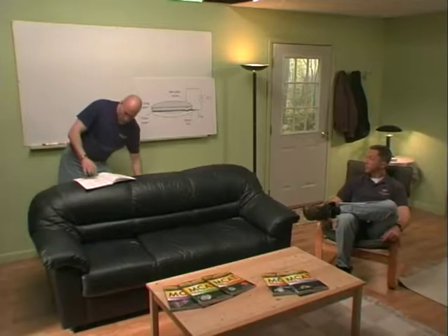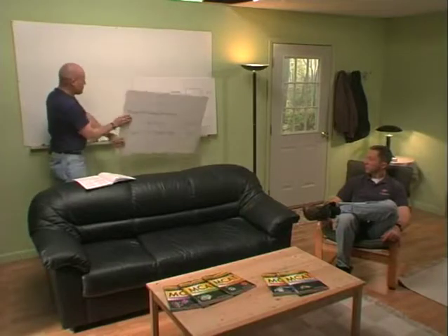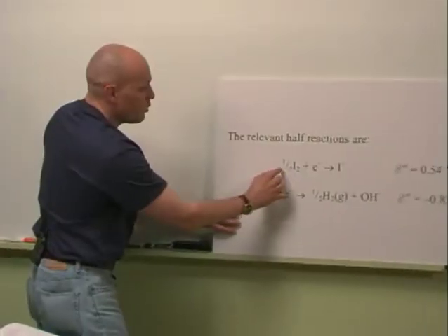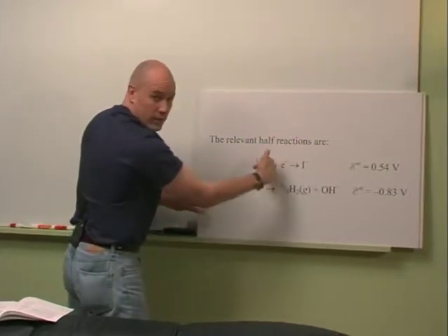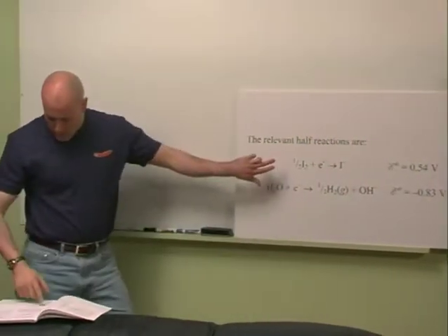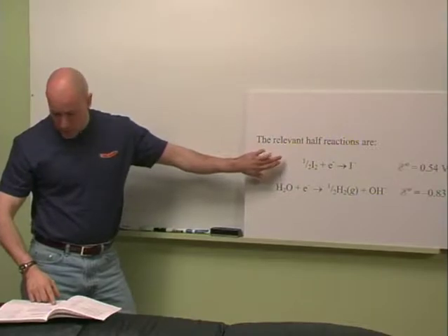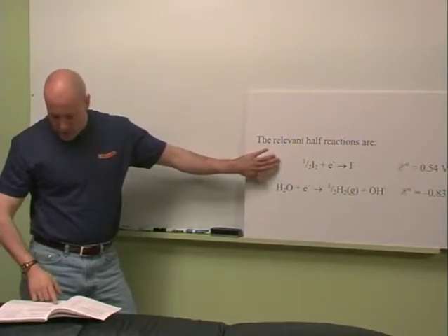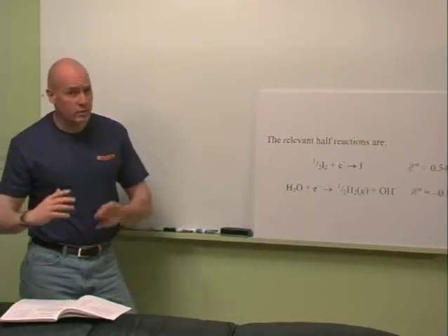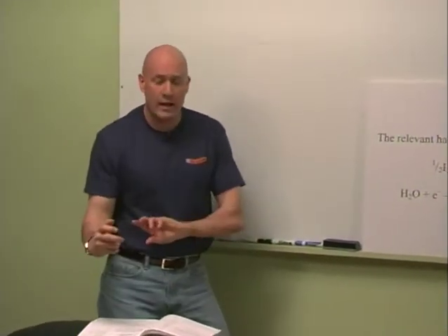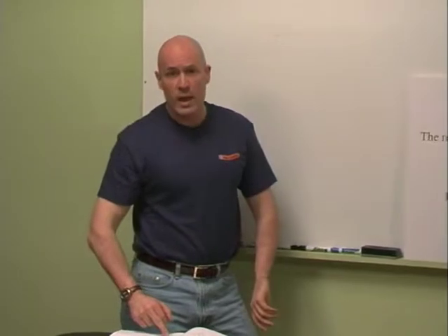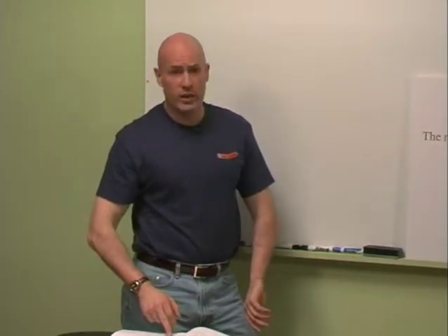So if we look at the relevant half reactions, we see that we want iodine to be formed here. We want the reaction going in this direction. If we take a look at the answer choices in 46, that's answer choice D. And even simpler than that, if iodine turns starch black, we have to create iodine. The only answer choice that's creating iodine here is choice D.